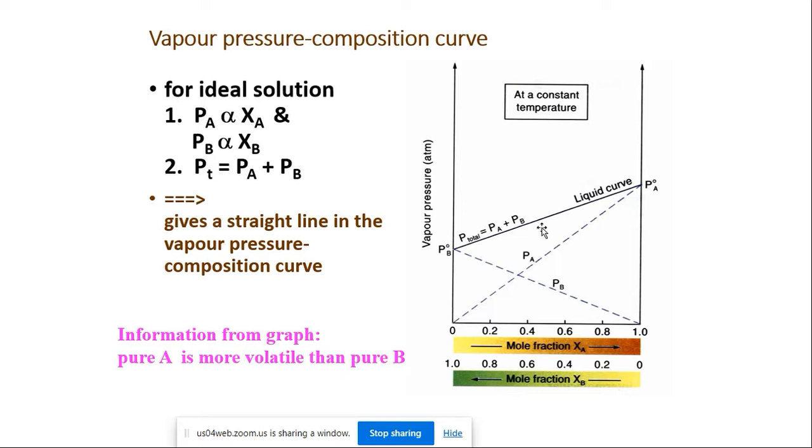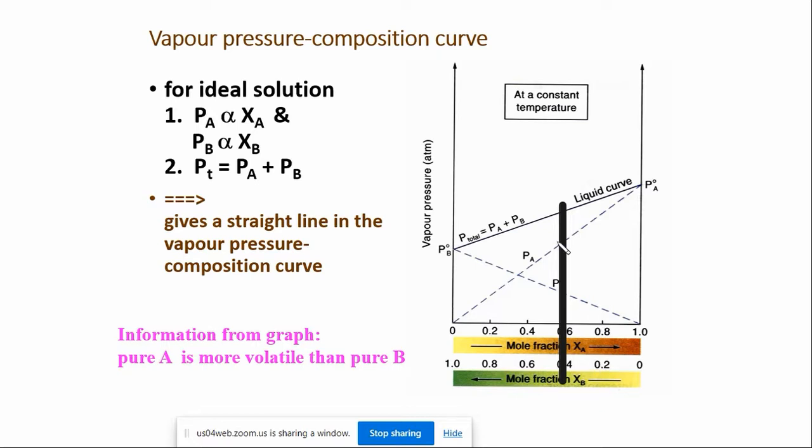So at that point we have vapor pressure on the y-axis, right? In a given mixture, you need to find out the total vapor pressure of the mixture. As an example, here you have 0.6 XA and 0.4 XB, because the total should be 1 in a binary system, right?